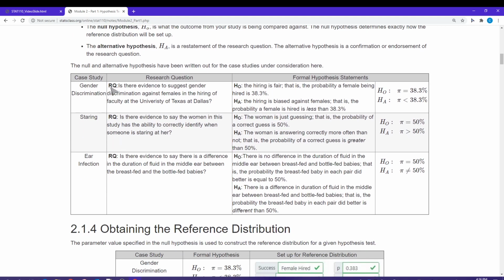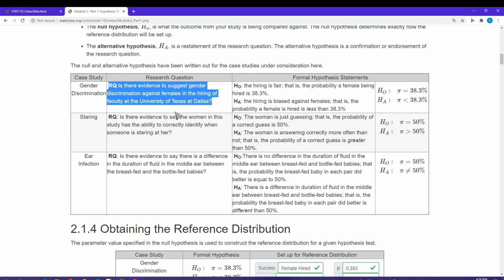Let's do the gender discrimination one here. The research question was, is there evidence to suggest gender discrimination against females in the hiring of faculty at the University of Texas at Dallas and within that particular division, humanities and arts? So the research question gets put into the alternative hypothesis.